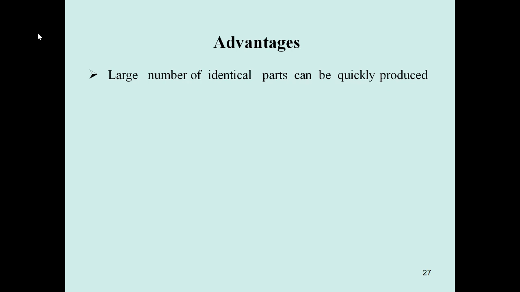Next, advantages of die casting. A large number of identical parts can be quickly produced, resulting in low unit cost. Next, parts with extremely fine finishes, that is, high finish and close dimensions.